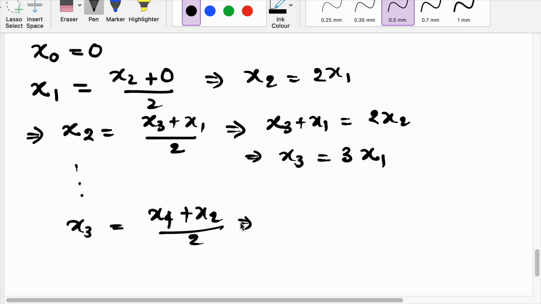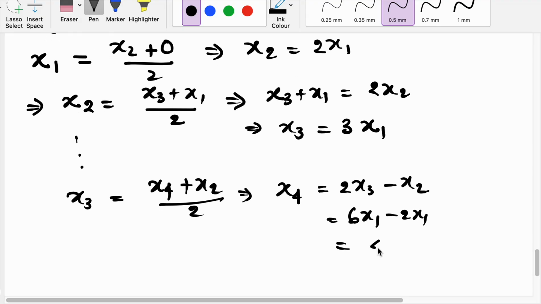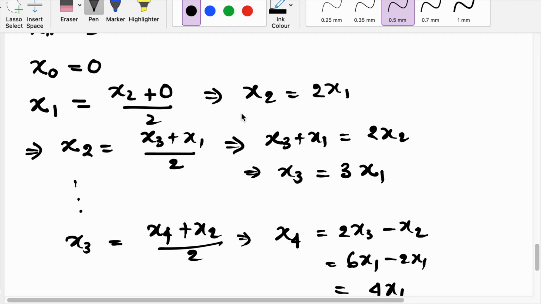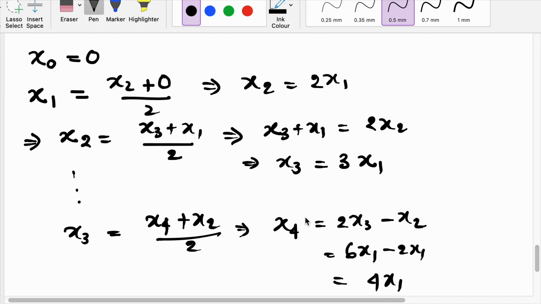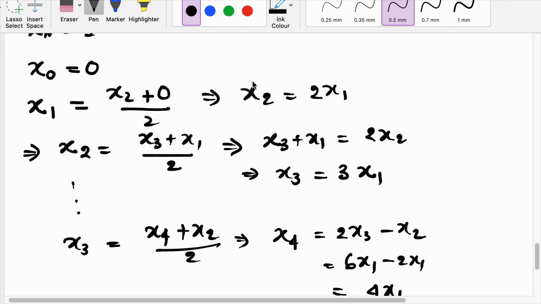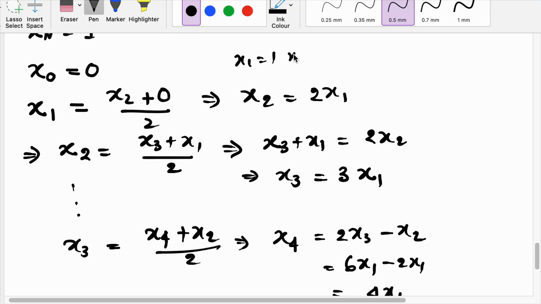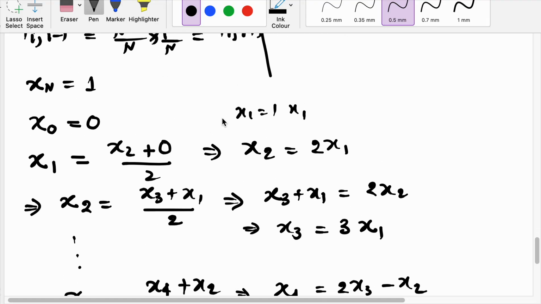Then I'll get x4 will be 2x3 minus x2. 2x3 means 6x1 and minus x2 means minus 2x1. So this is 4x1. Now you can see that x2 is 2x1, x3 is 3x1, x4 is 4x1 and x1 is 1x1. So this is the recursive formula.